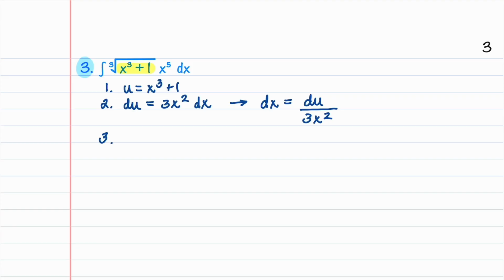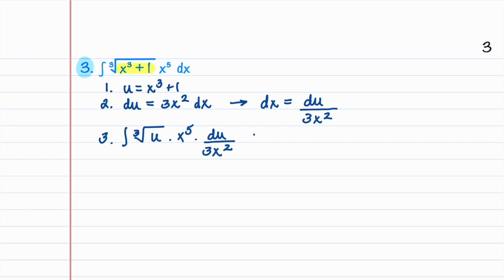Now let's substitute u and dx back up into our integral. We have the integral of the cube root of u, and then we have an x to the 5th. We'll do something with that in a minute. And then we have dx, which is du all divided by 3x squared.